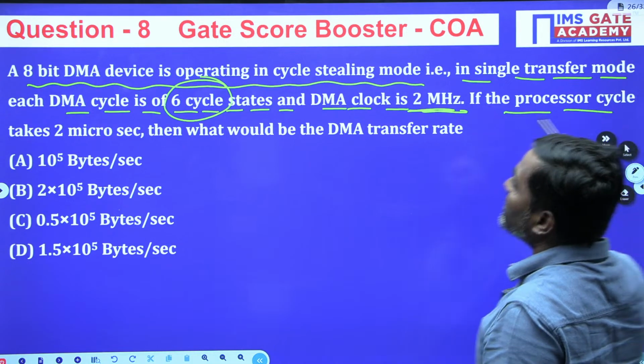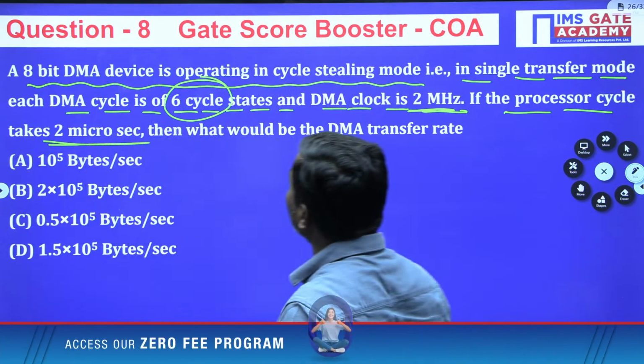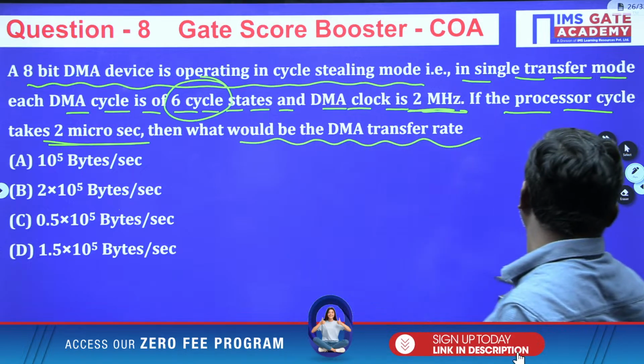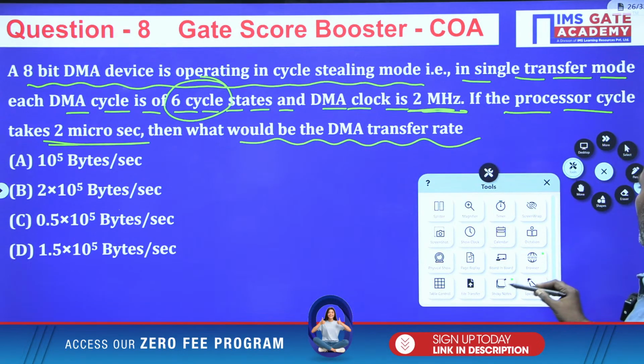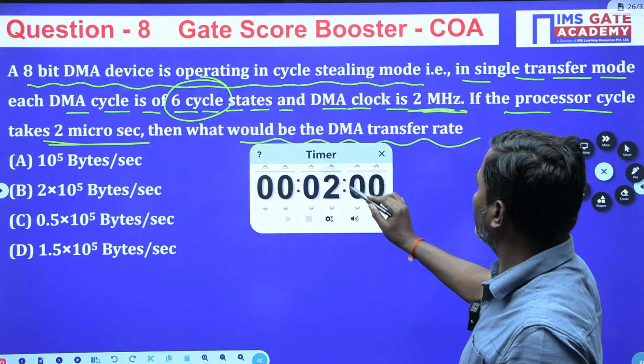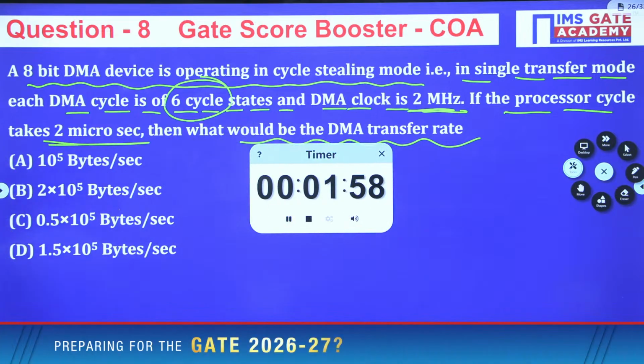If the processor cycle takes 2 microseconds, then what would the DMA transfer rate be, they are asking. Transfer rate of the DMA. Think on this. Try, all of you try this question.